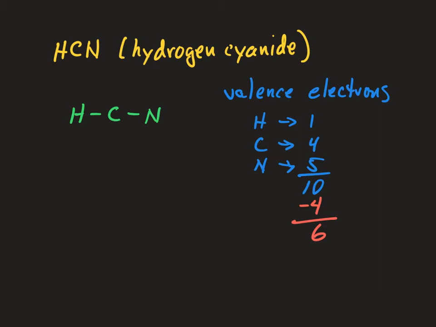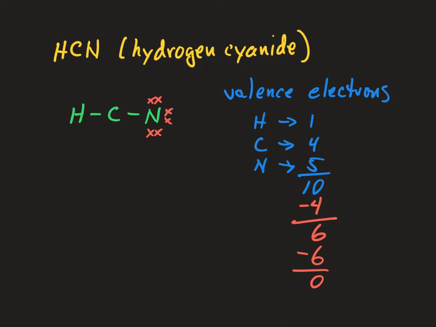We start around the outside. We can't put any on hydrogen, and so we can put all 6 around nitrogen. We're out, but that leaves carbon with only 4 electrons around it, without an octet.